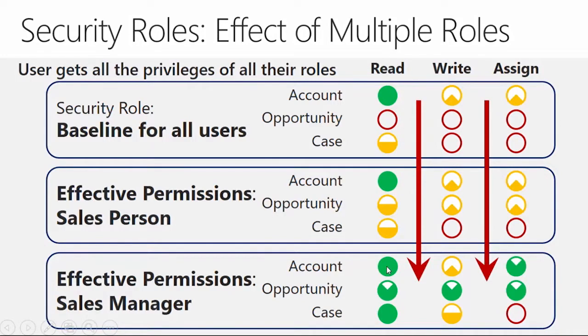So the least restrictive for read access on account is the organization level. It's user for write, it's parent-child for assign, because that was what the sales manager was, and then it keeps trickling that information down, and that's ultimately what's going to give them the final access. So this is one way that you'll see people do that: they'll create a bunch of different smaller security roles and then just stack them.